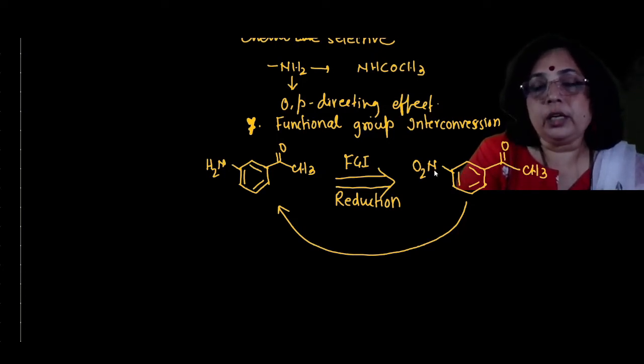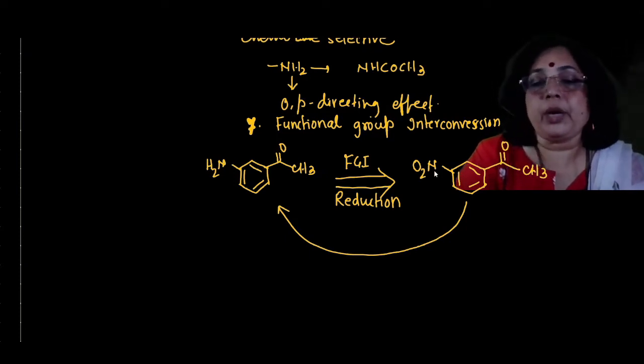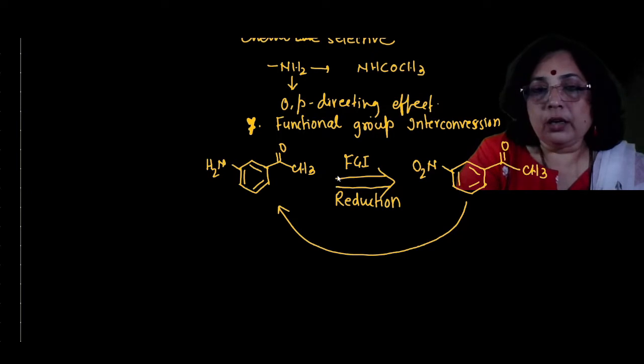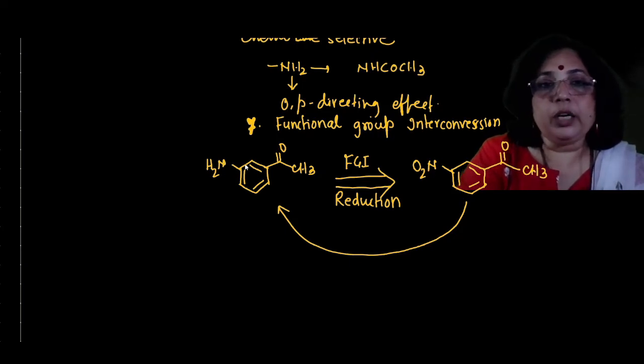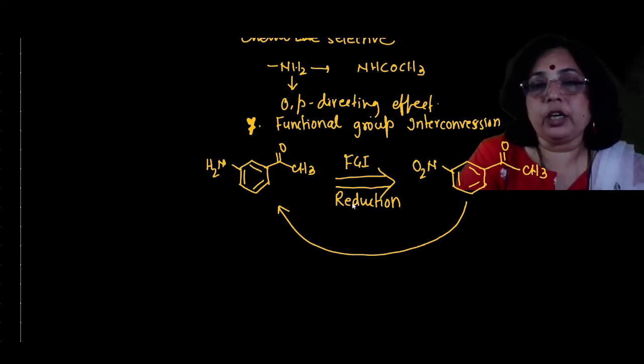So this is a little bit complicated, but if you practice some problems, it will be easy to understand. This arrow itself indicates that this is a reverse process. You are thinking in the reverse process. So the actual conversion goes from this to this place, not this to this place. All right. So NO2 is converted into NH2. That's why I have put reduction over here.